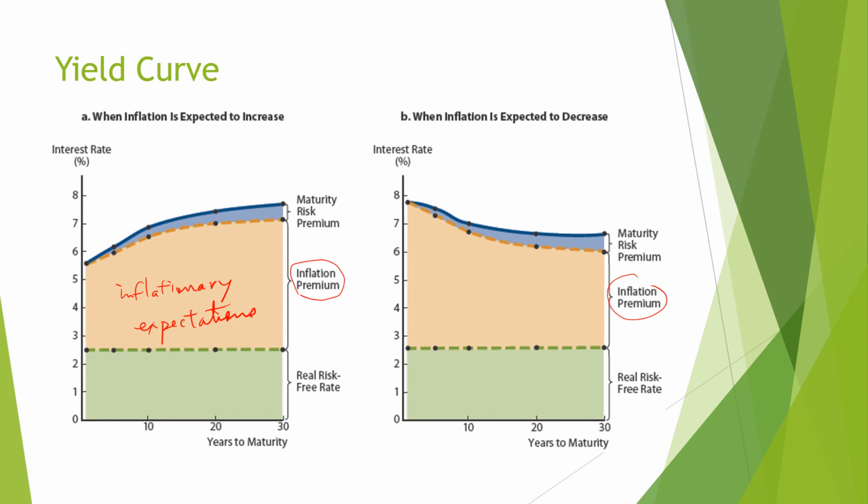Mostly, a downward sloping yield curve will indicate we are going to have a recession in the near future.